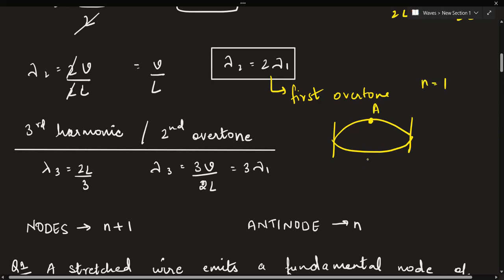If n equals to 1, look at this example: antinode will be 1 only. If I talk about the nodes, one node will be over this end and one node over this end. So if n was equal to 1, the antinode was 1, but the nodes were 2. It means if n is there, nodes will be n plus 1. Is all this clear?